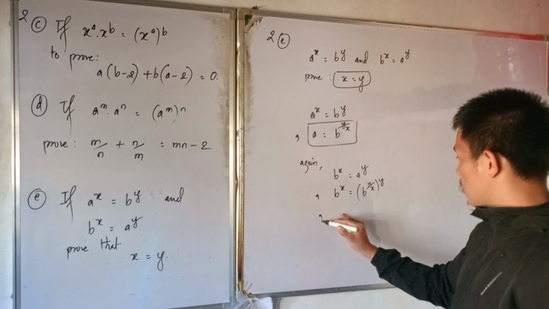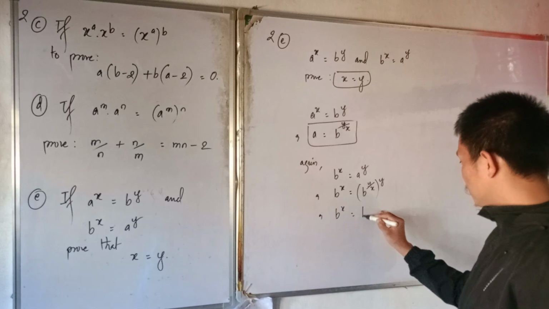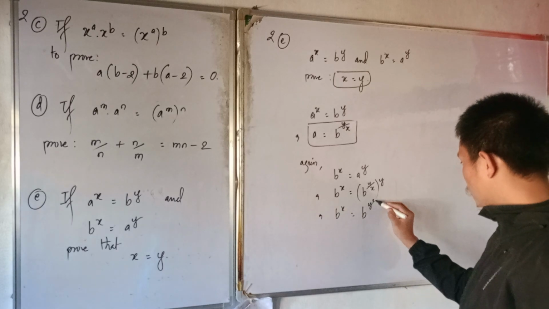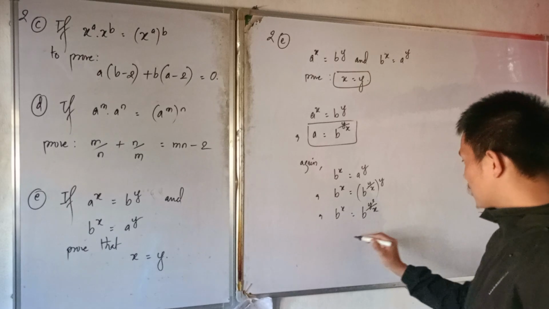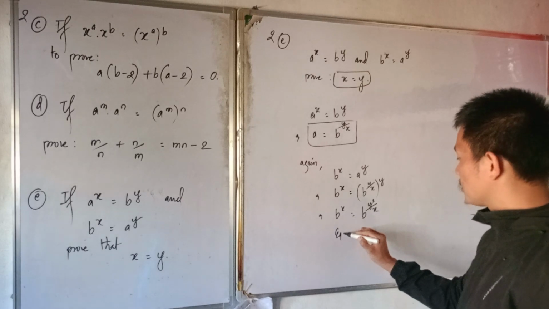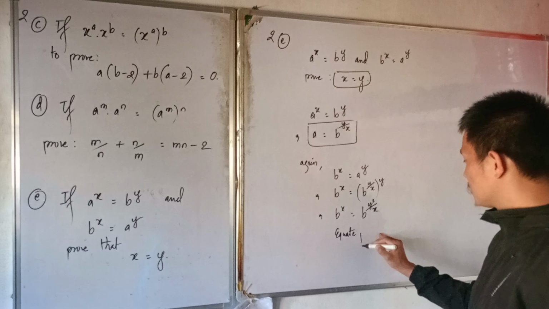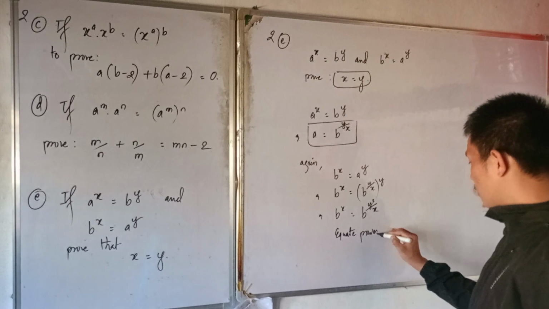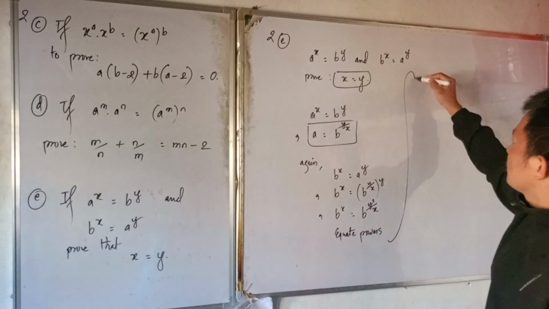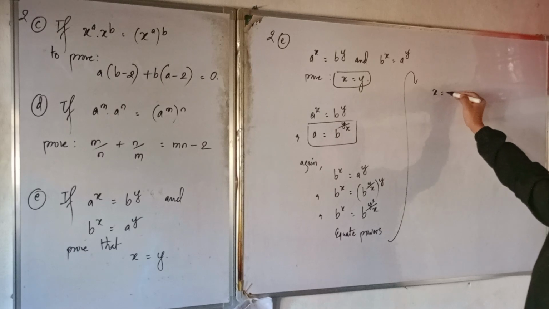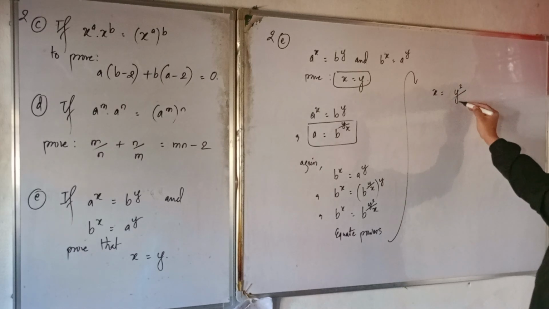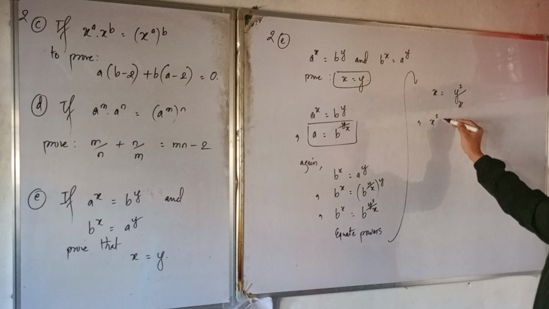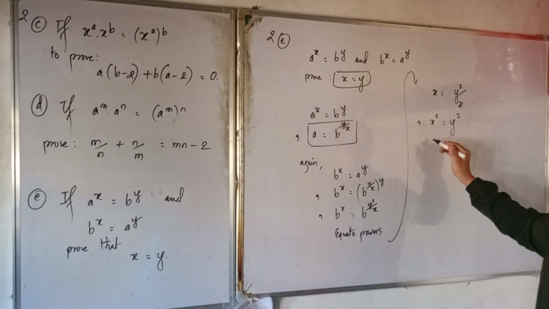So b power x is equals to b power y square by x. Now having the same base, you can equate powers. When you equate powers, you get x is equals to y square by x. Now cross multiply, x square is equals to y square.